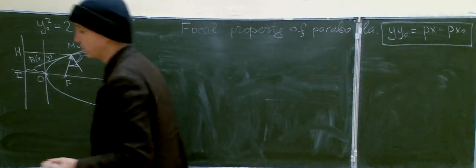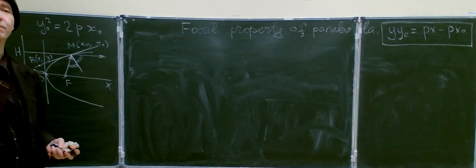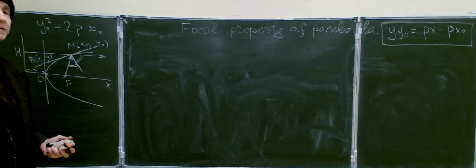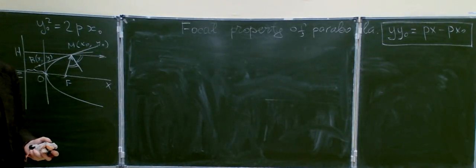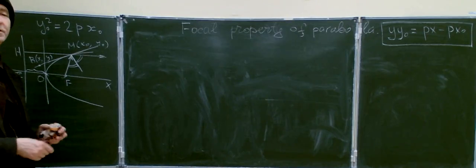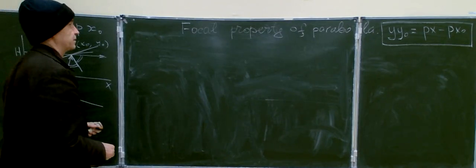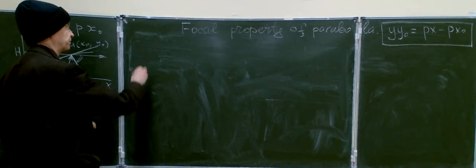First of all, we shall write the statement in terms of rays of light, so in terms of optics. And then we convert the statement to the statement in terms of geometry. Well, the focal property of parabola.